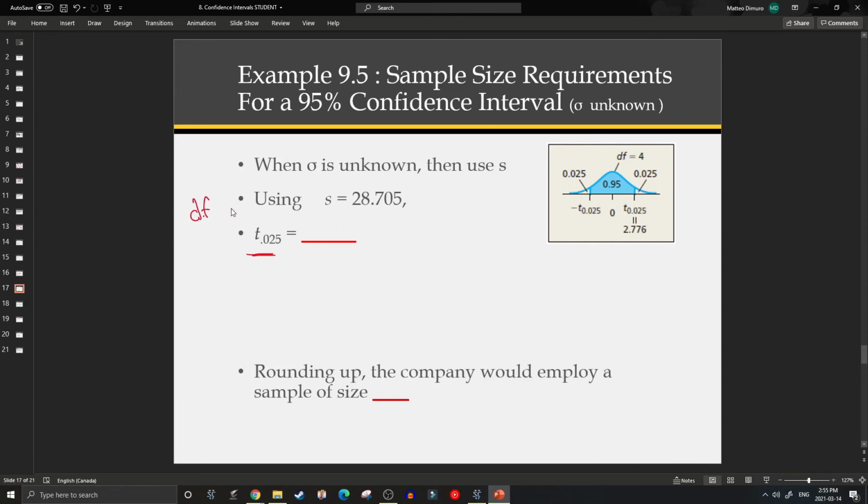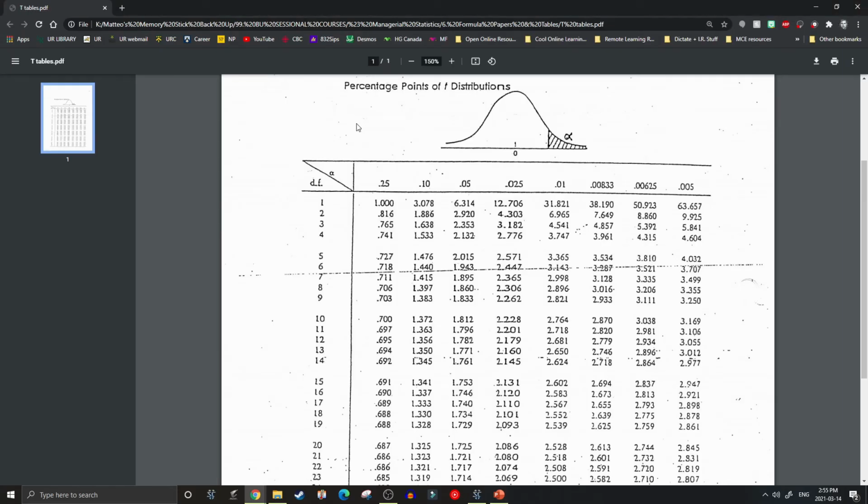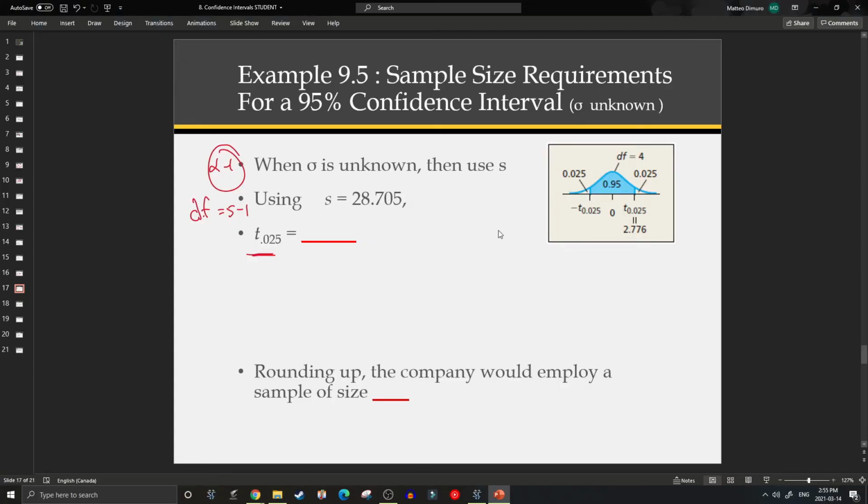Remember, degrees of freedom is going to be 5 minus 1. So degrees of freedom is 5 minus 1. Remember, it's n minus 1 for this, right? So we can go look it up: 0.025 for 4 degrees of freedom, 2.776.